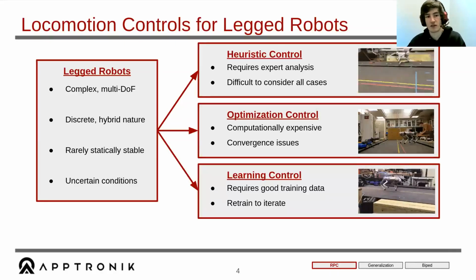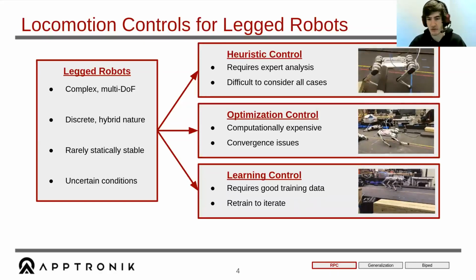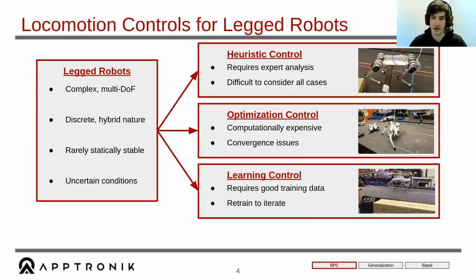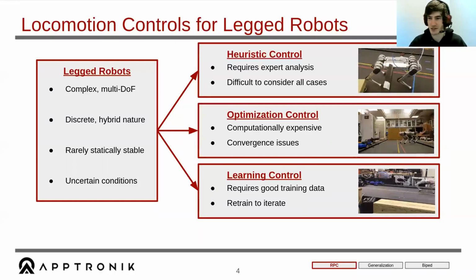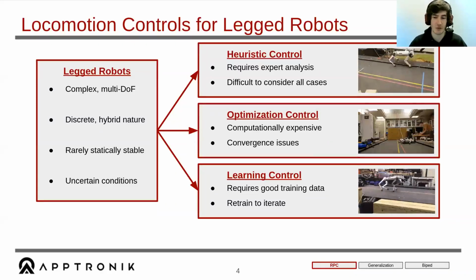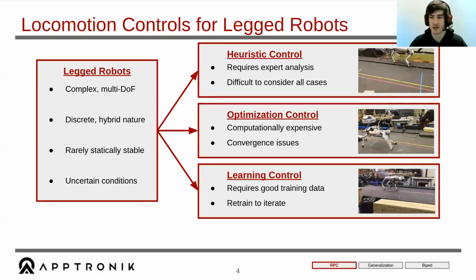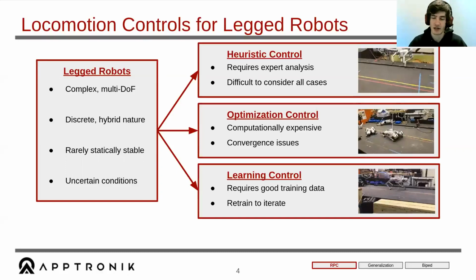And the last one that's becoming especially popular nowadays is reinforcement learning control. The video that I have there was my first quick trial at some kind of reinforcement learning. What I found from that was it definitely requires a lot of very good training data, and you need to retrain it to iterate.